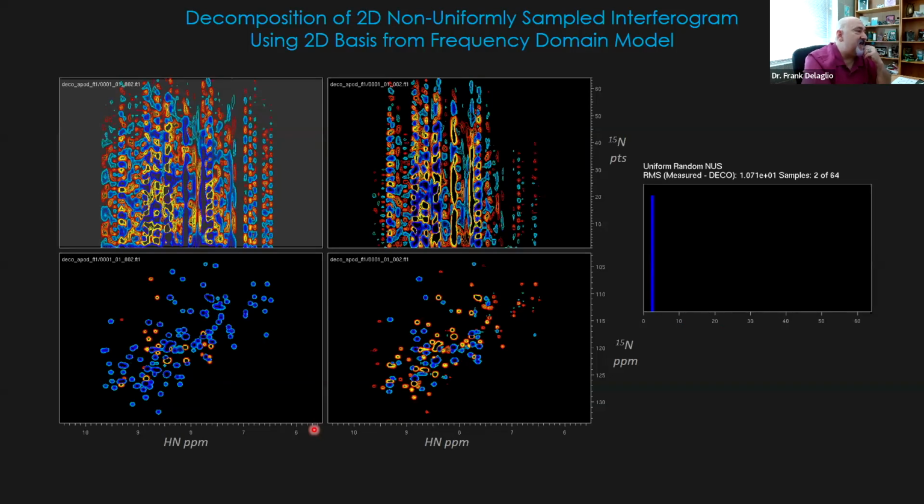But another thing that we can do, which is interesting and useful, is use it to evaluate different sampling schedules, and we can do it independently of reconstruction.